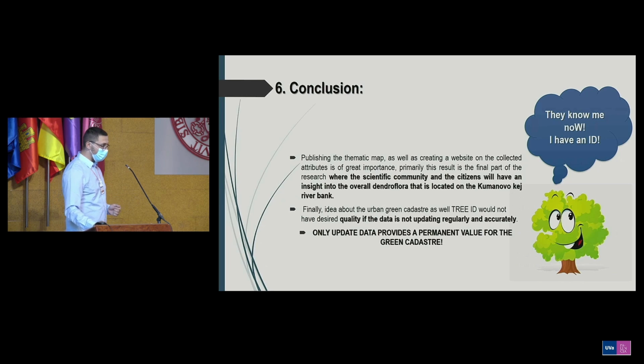And finally, the idea about the urban green cadastre, the tree ID for me, is without quality if the data is not updated regularly and accurately. So we need to update these data. Without that, the tree ID doesn't make sense, no? Only updated data provide a permanent value for the green cadastre. That was the happy face of my tree at the end of the work.